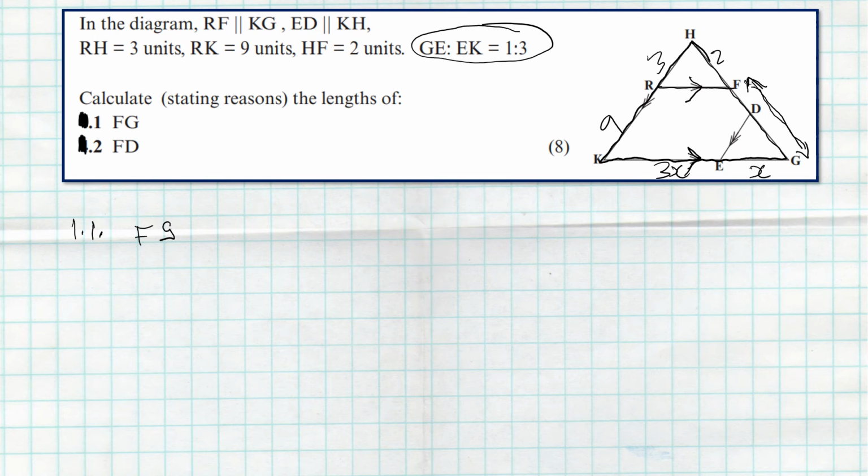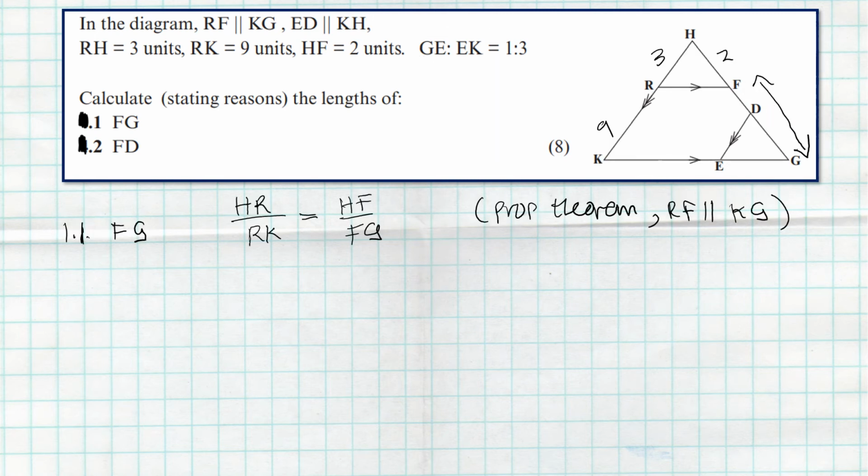Okay, so to get the length of FG, we can say HR over RK is equal to HF over FG. Our reason will be the proportionality theorem, and we also have to indicate that RF is parallel to KG. Then let's substitute: HR was 3 units, RK was 9 units, HF was 2 units.